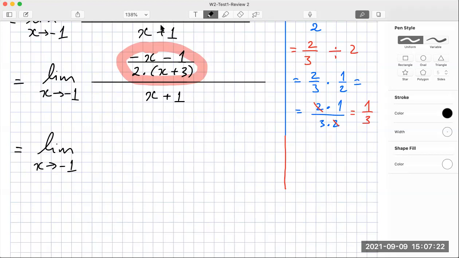Wow, Isaac, you're so fast. It will be negative. If we factor the negative sign out, the numerator, the denominator of this is 2 times x plus 3. What do we have inside here?